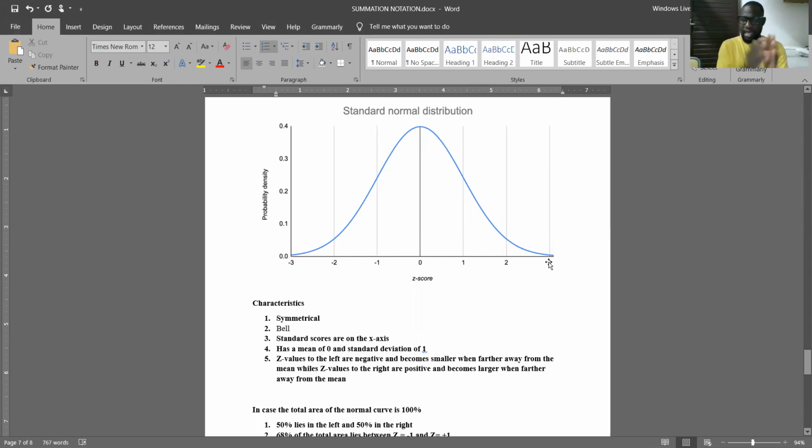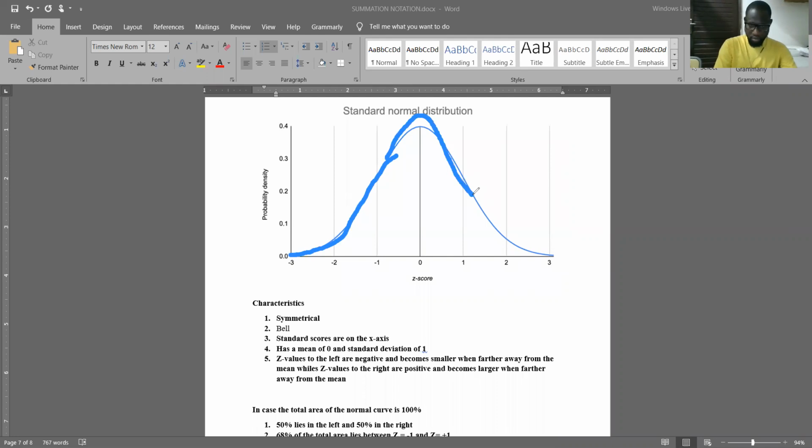Its structure is more or less like a bell. Let me annotate it so that you get it well. This is the bell shape that I'm talking about, like the form of a bell. So we normally say it has a bell shape.